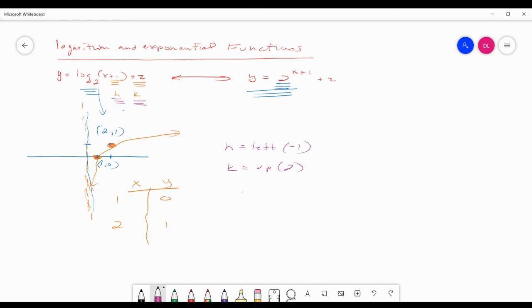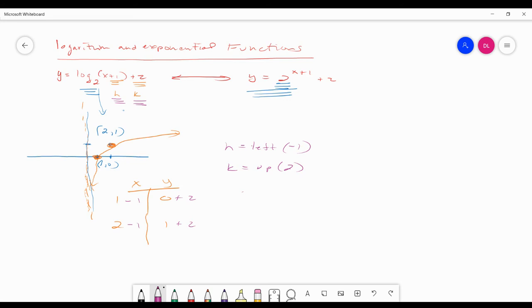The reason it's left is because it's always the opposite. So h tells us to go left 1. So we're going to go left 1 and up 2. And on this one, we're going to go left 1 and up 2.